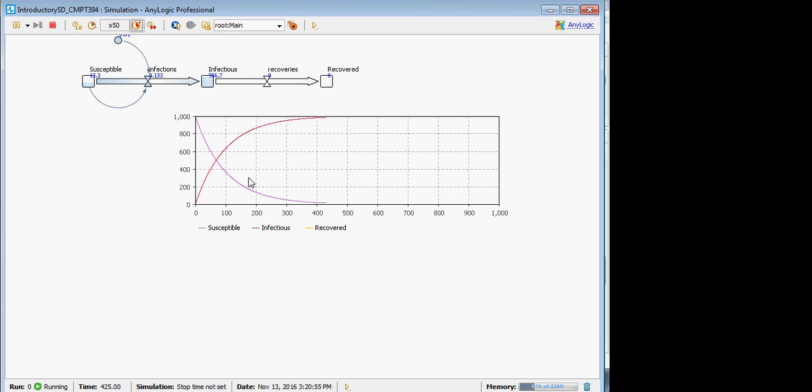Why do we see this curvilinear character? Why do we see the number of people in that stock bending down like that? And why is this rising up to the top value in this gradual way? What's going on here? Can anyone give a narrative that explains this shape?